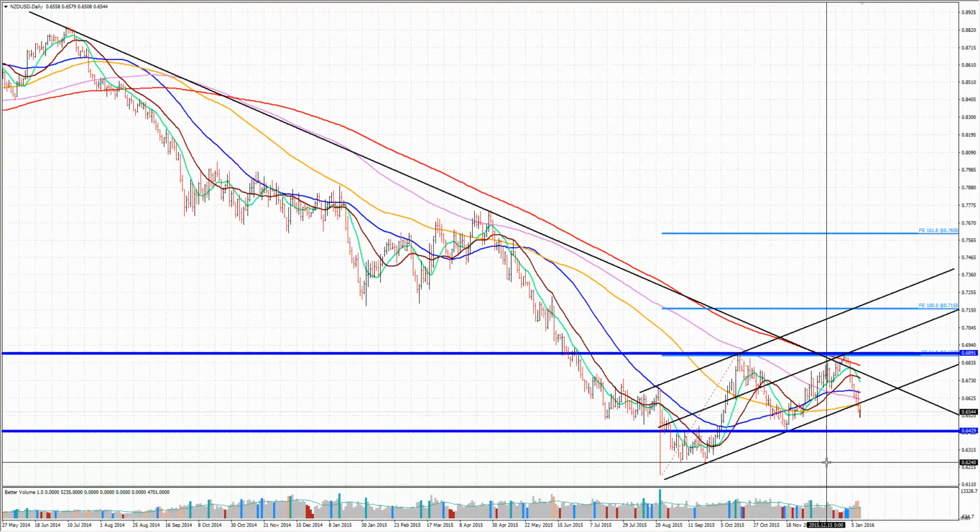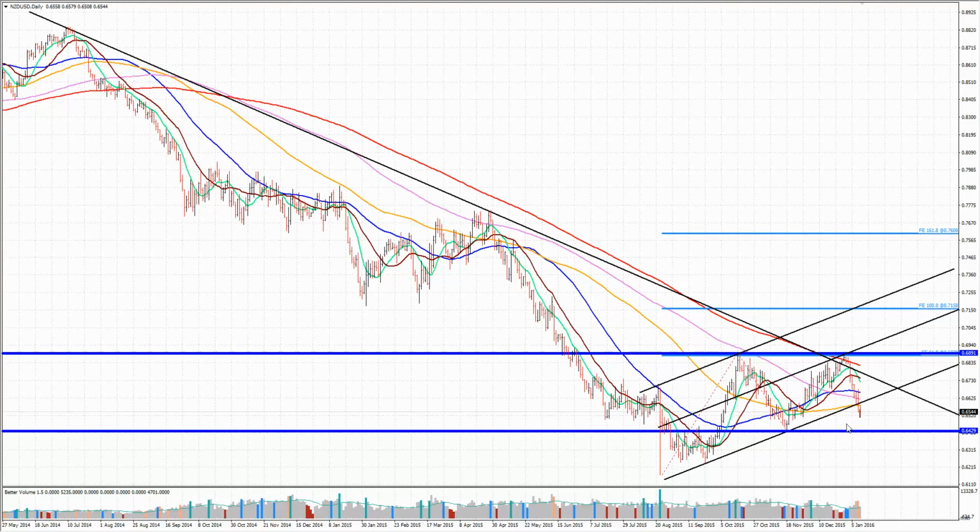Later on we may expect this area on the test, so about a 300 to 350 pip drop, and later on of course even potential continuation, depending again on what the commodity prices will be and so on. So far it's very good for the downside.